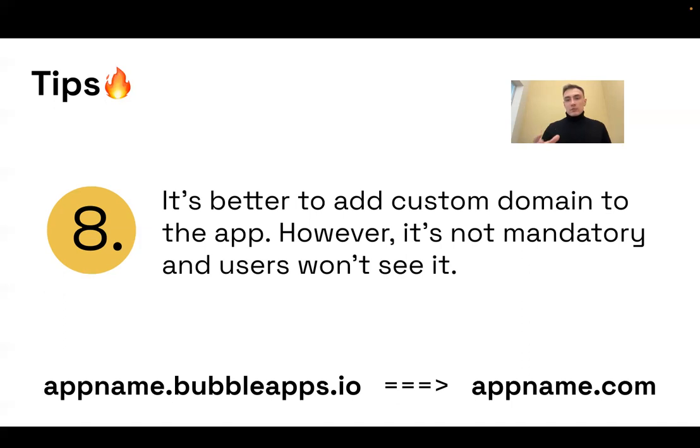So I need a custom domain. I need to set up a custom SendGrid account, and I cannot do this without a custom domain. And if I want to add a custom domain, I need some time to crash my app and for the domain name to propagate. I don't have this time because I already have early traction, and we are in trouble. We cannot change to a custom domain. So please think about a custom domain before your release date. It will help you in the future.